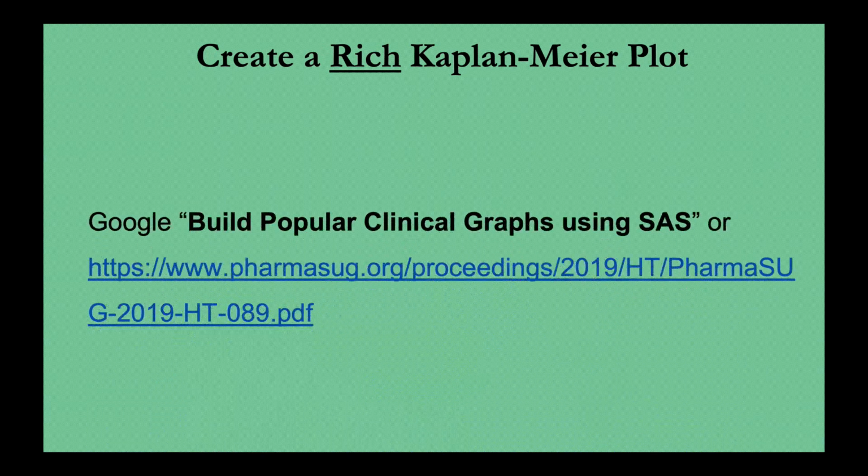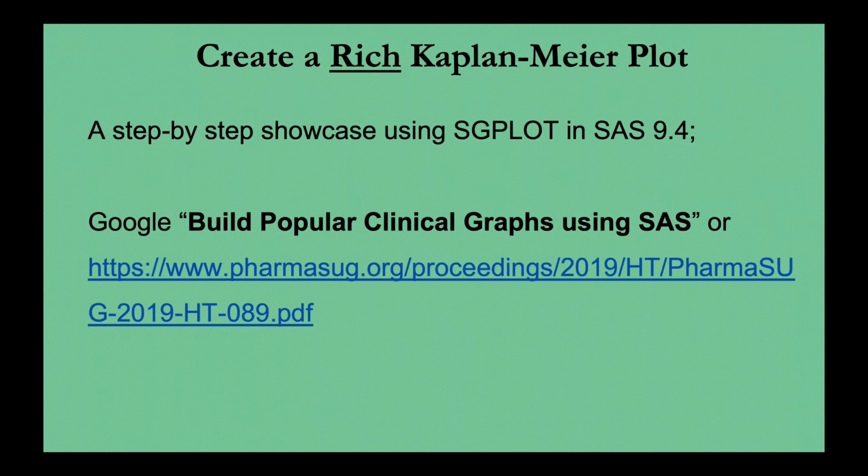this paper. You Google this one, and I personally like this more because it is a step-by-step showcase using the SGPlot in SAS 9.4. You may know that in SAS 9.4, there are really good embedded functions or statements for creating this photo.